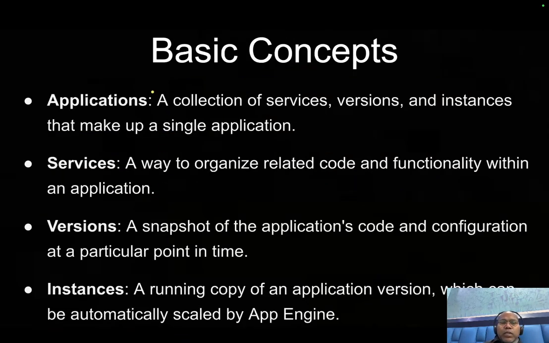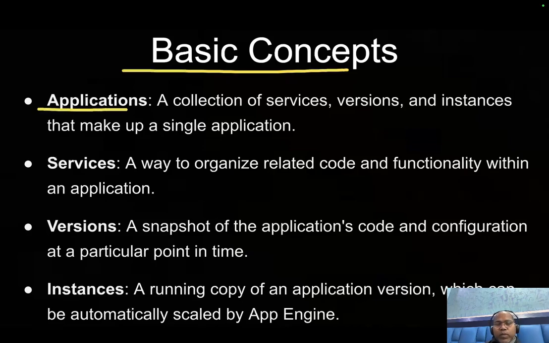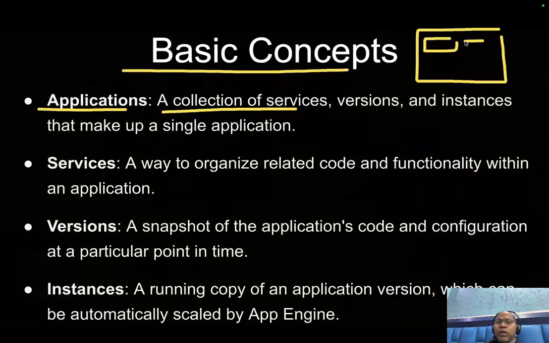These are some basic concepts in App Engine. First, the application: whatever you build consists of a collection of services. You might be building one application with multiple modules or services that serve particular customer requests, and each service can have different versions.